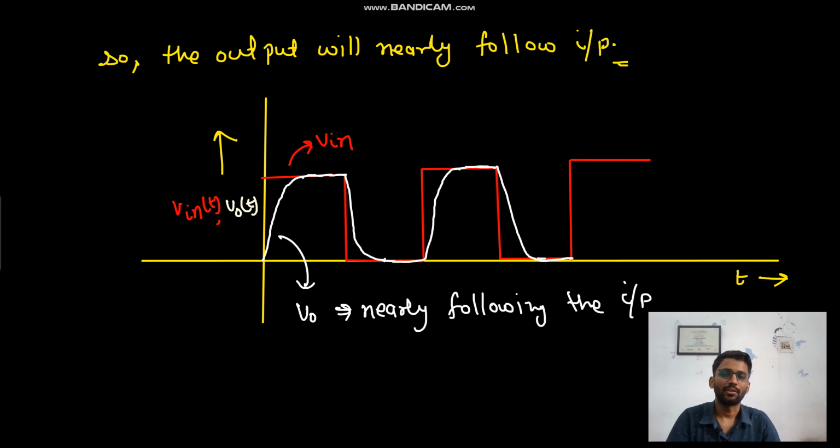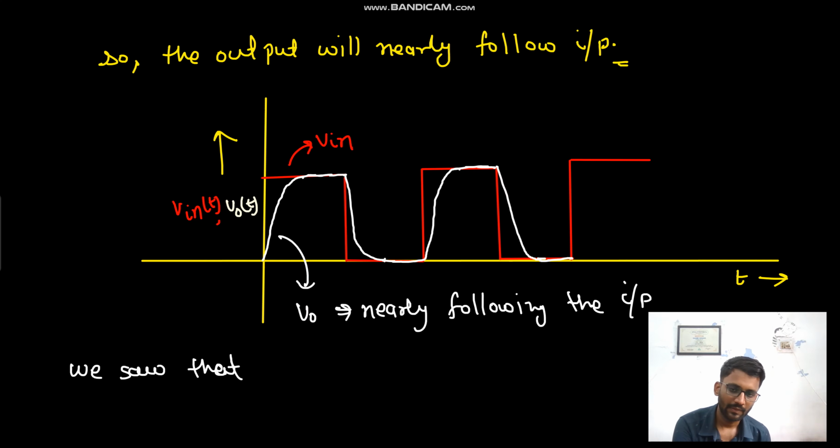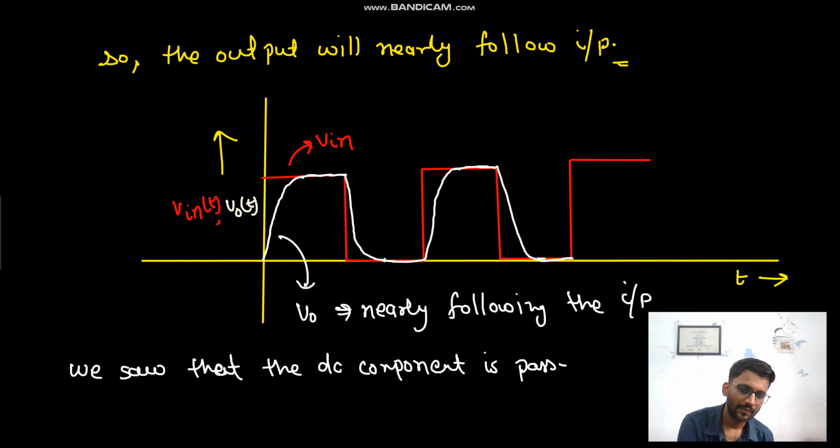Okay. And what did we see? We saw that the DC component is passed without any attenuation.